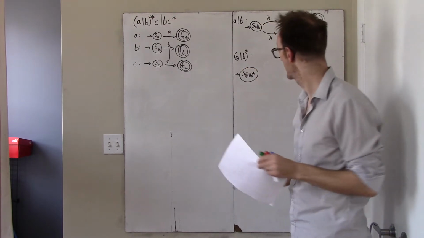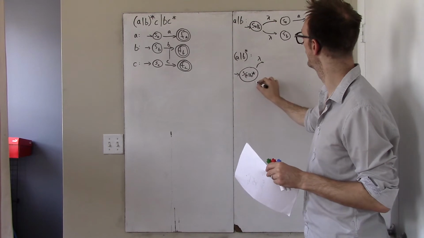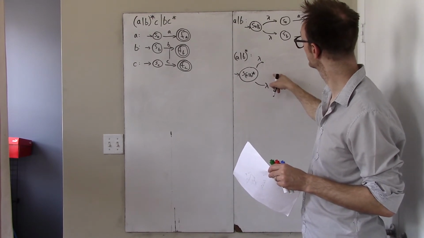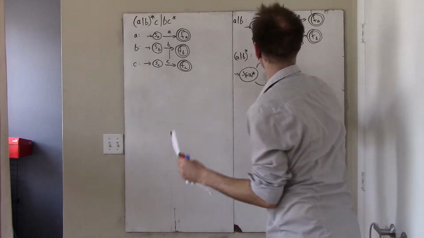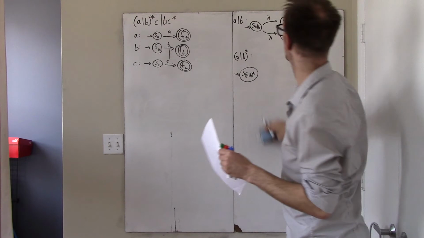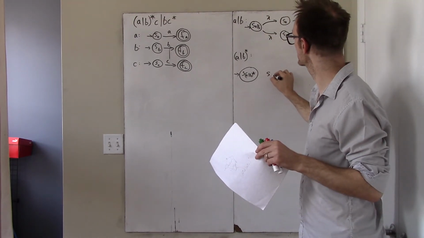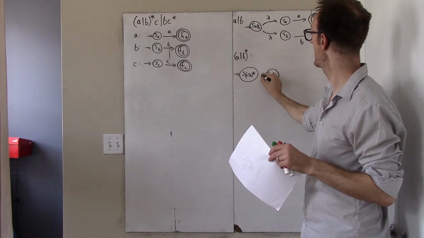And there it is. What does this machine do? It has a single lambda transition to whatever was the start state of the A or B machine. So here we have S(A or B), the start state of this machine.